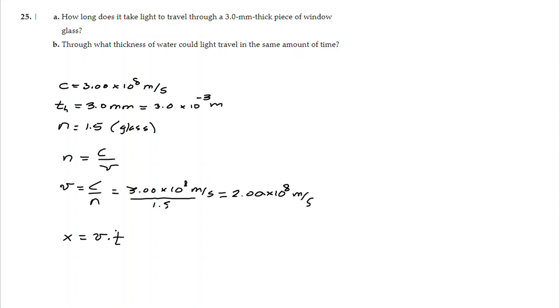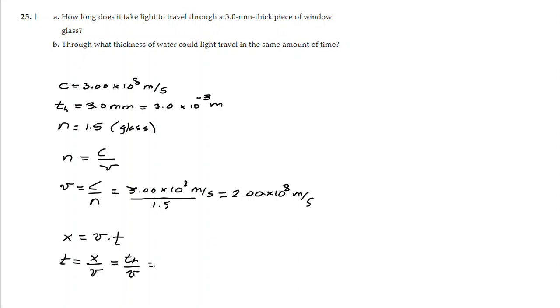If this distance x is the thickness of the glass, and we divide the thickness by the speed of light in glass, we find the time needed for the light ray to cross the glass. So t is equal to x over v, where x is the thickness, which I called TH, so it will be TH divided by v.